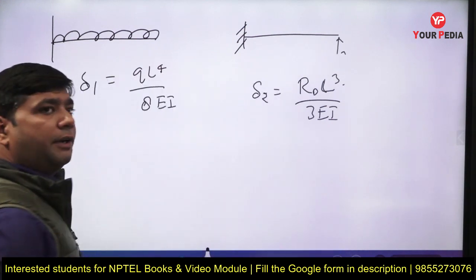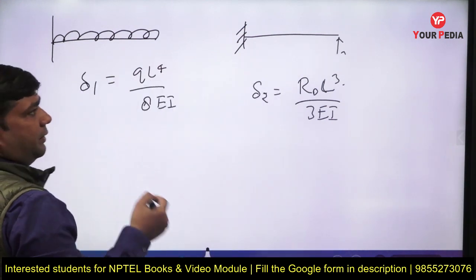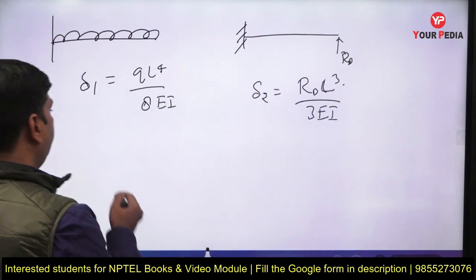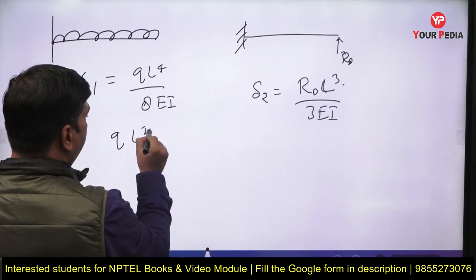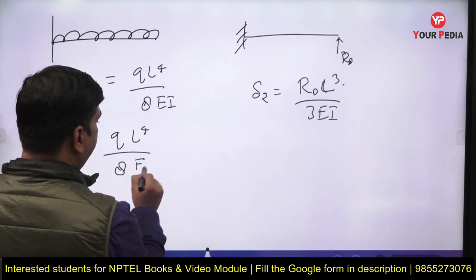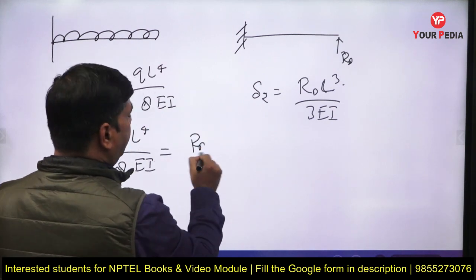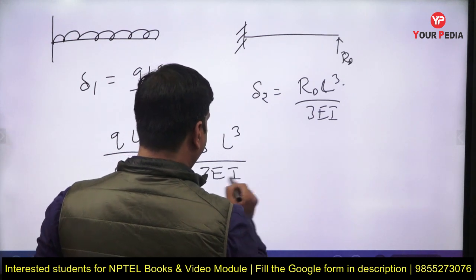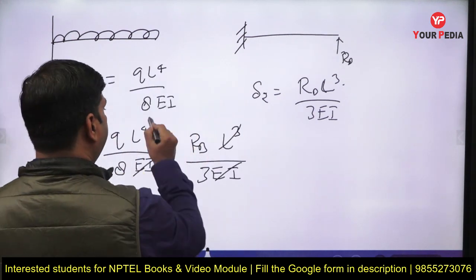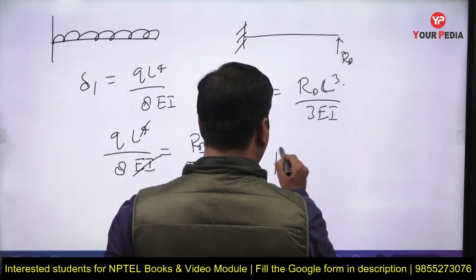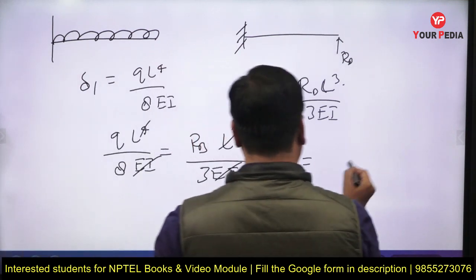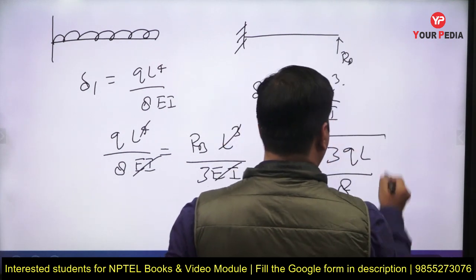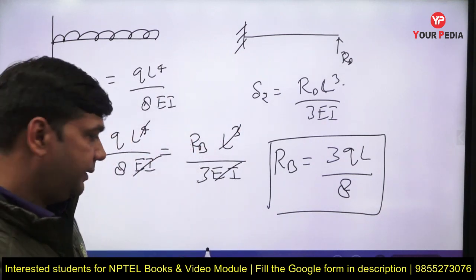So here delta 1 equals delta 2, because this RB is just a reaction provided by the support. From here, q L to the power 4 upon 8 EI equals RB into L cube upon 3 EI. We cancel the common terms, so the RB value comes to be 3 q L by 8.